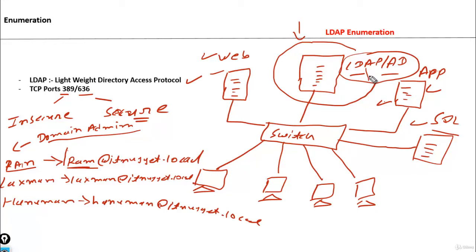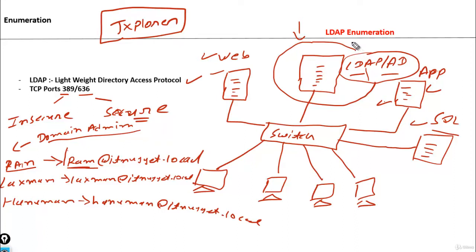An attacker might compromise the credentials of Ram, so he can gather all the usernames and group information of these LDAP servers. In this video, I will show you how you can gather information of LDAP using the JExplorer tool. Before we enumerate using JExplorer, I will show you how you can configure LDAP or Active Directory in your organization, and then we will see how an attacker can gather information using JExplorer.